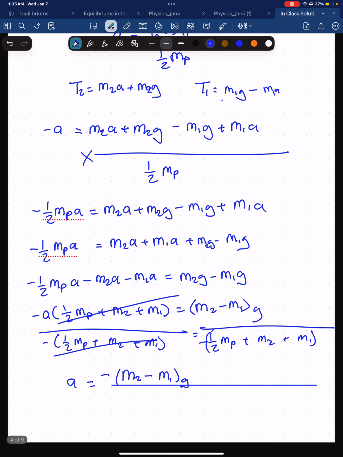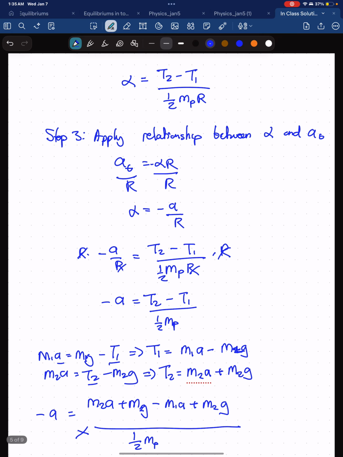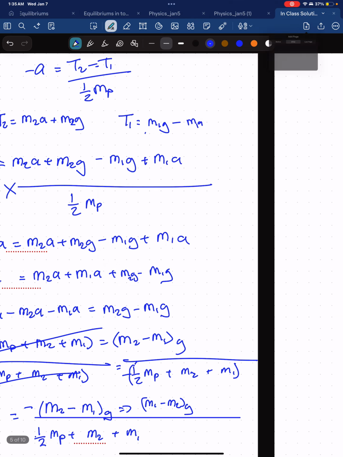So it's going to be over 1/2 MP plus M2 plus M1. Now this minus sign, I can distribute inside, and it becomes M1 minus M2 G. Let me just write it for you concretely.